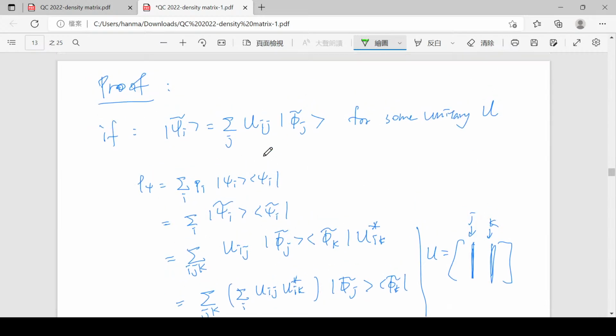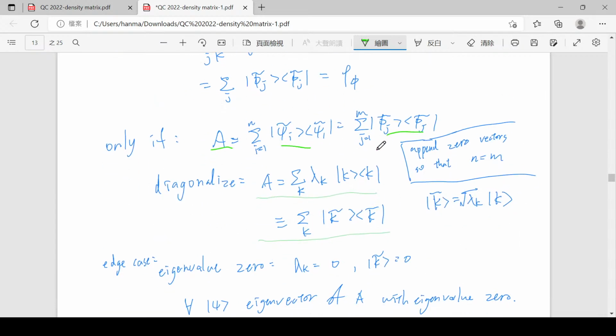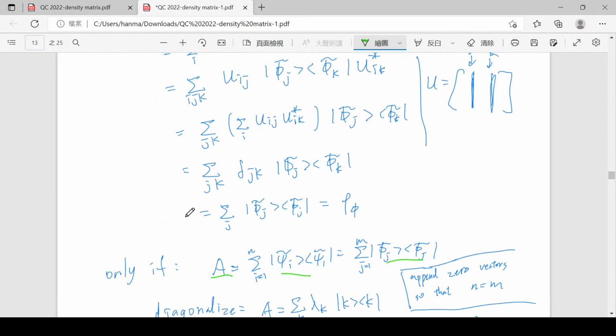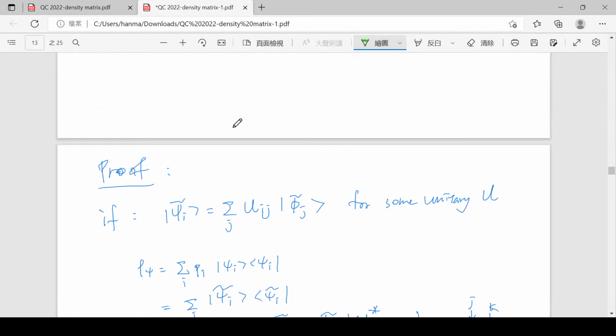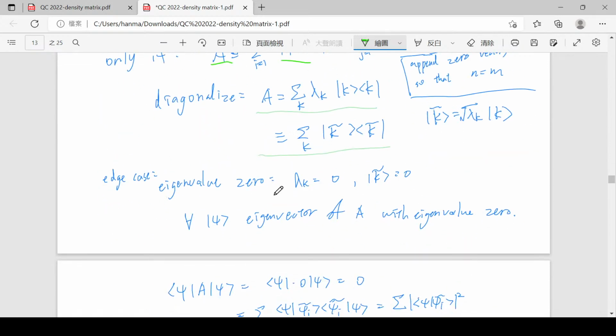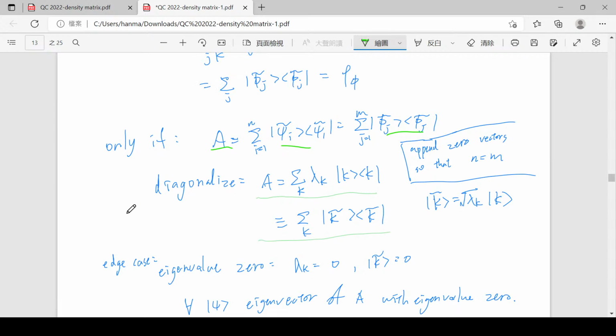So you want to find a U_ij here, and then show that its elements form a unitary matrix. And it is very annoying because the dimensions of everything don't fit.